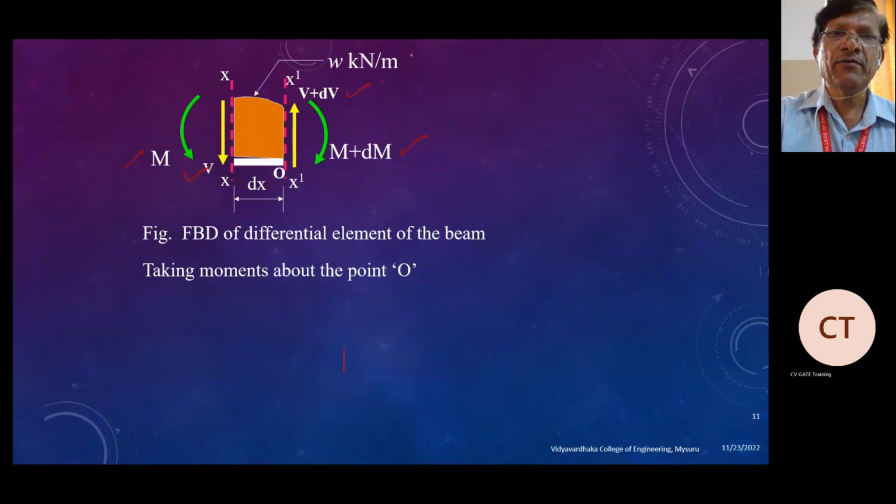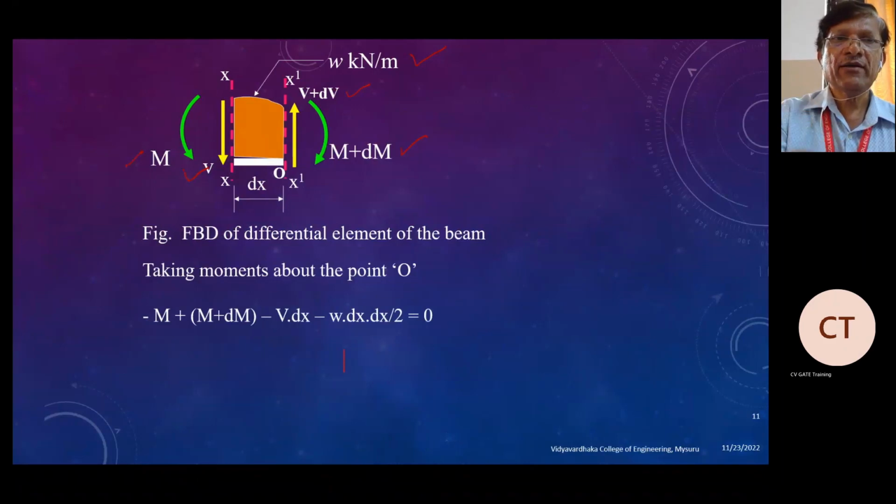This is the free body diagram, and these are the forces acting: shear force, moment, and the loading. So if you take the moment at O, what are the forces acting? Moment M will be there.